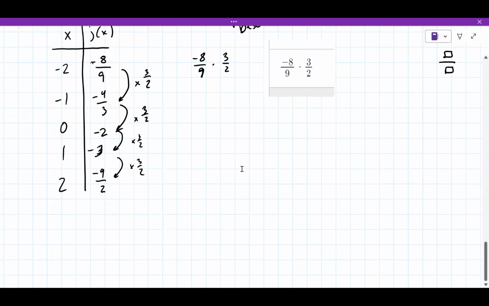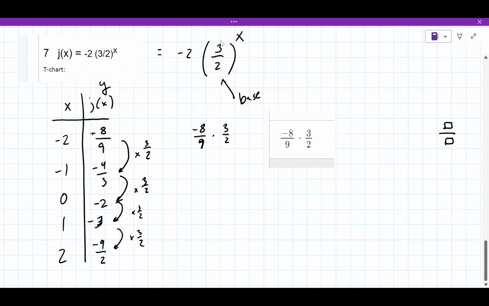Okay. If you could graph this again, let me know what you come up with, what you see once you graph it. Should look a little different than usual.